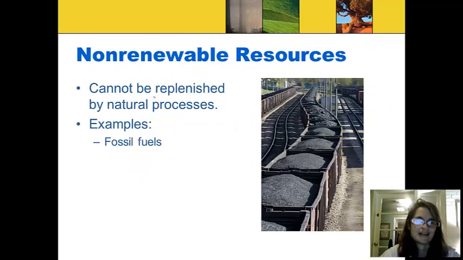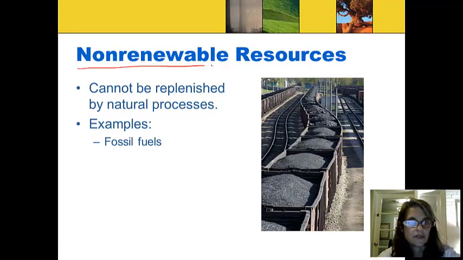Now, classic non-renewable resources are those resources that can't be replaced. Metals, this image of coal, many railroad cars of coal, fossil fuels are not renewable.